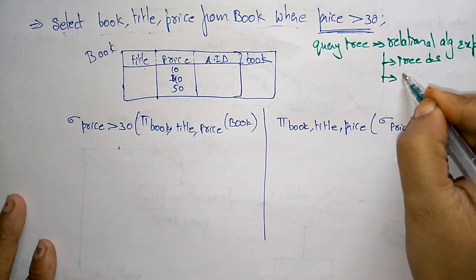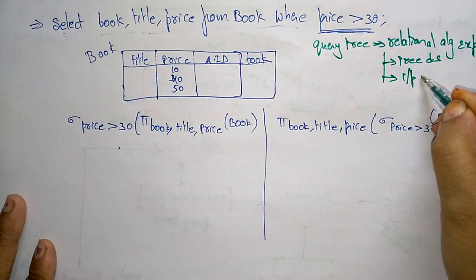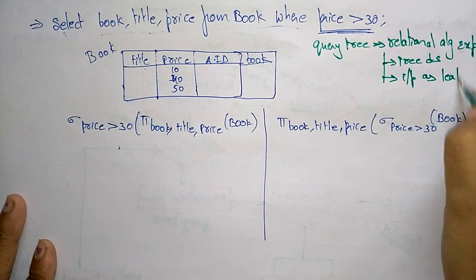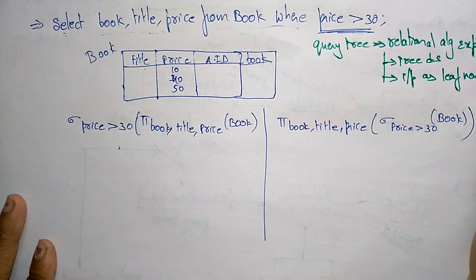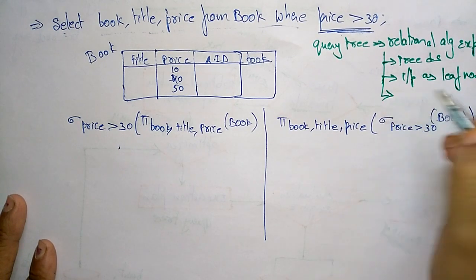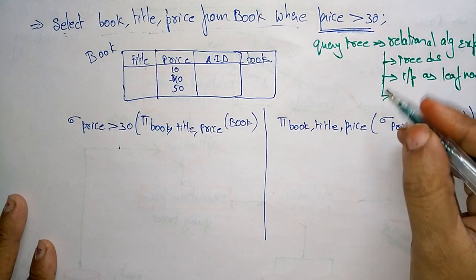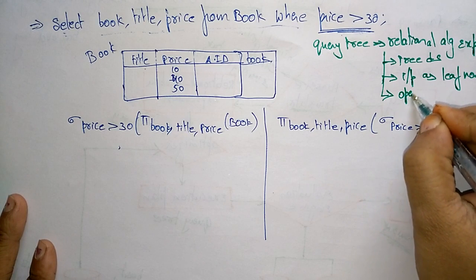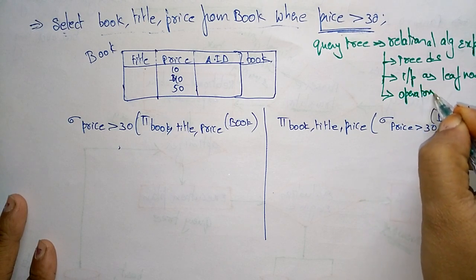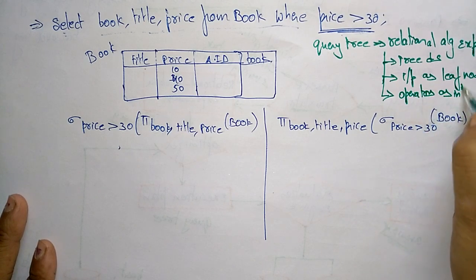All the input relations are represented as leaf nodes, and the relational algebraic operators are represented as internal nodes.